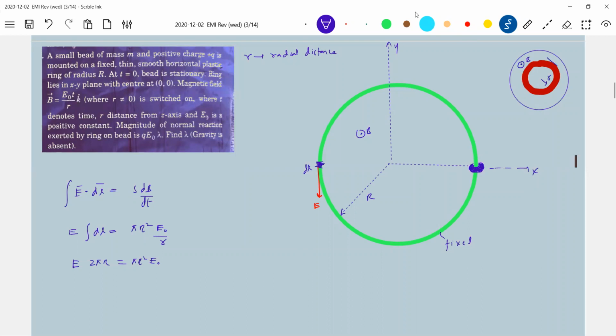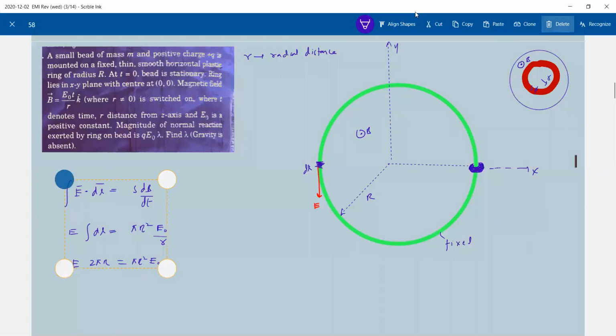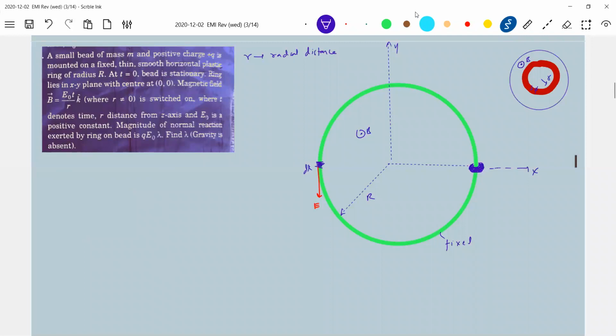So let me first calculate the flux linking this. B is not uniform everywhere; it is varying with radial distance. So for the flux linking this, let this be r. d phi is equal to B into dA.